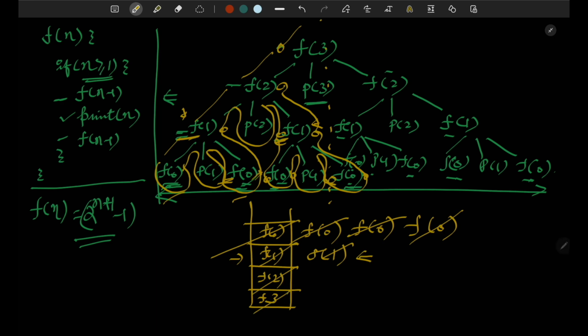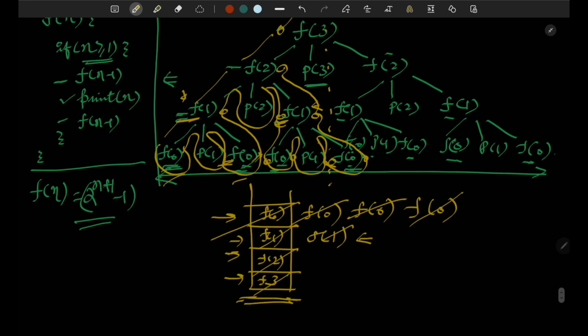So there are two interesting observations here. The first one is that this entry in the stack is always occupied by f of 0. This one is always occupied by f of 1. This one likewise by f of 2, and this one likewise by f of 3. So what do we have?